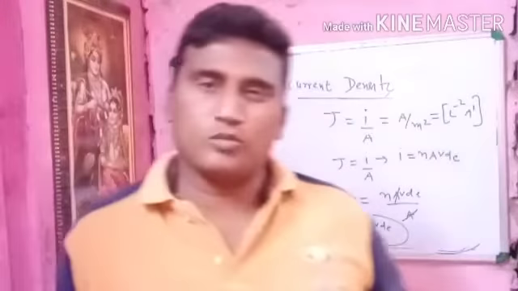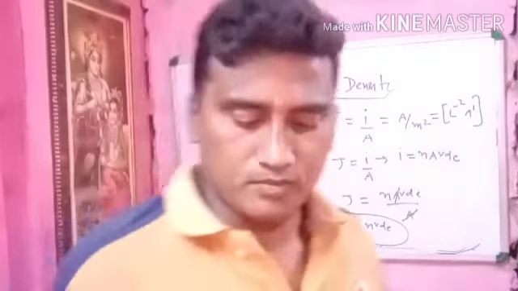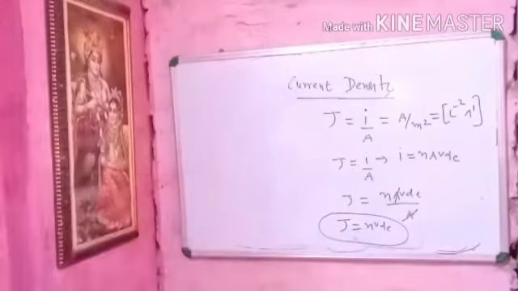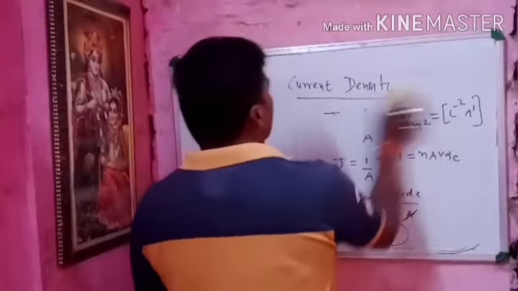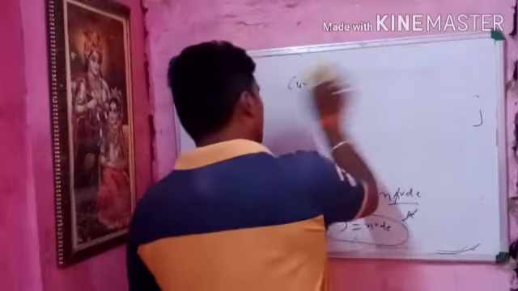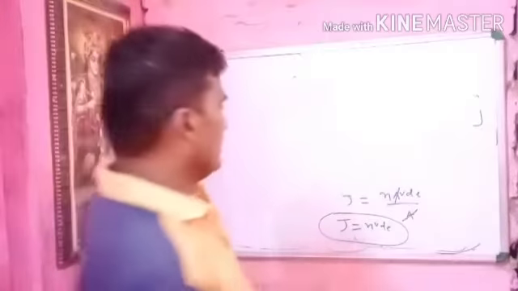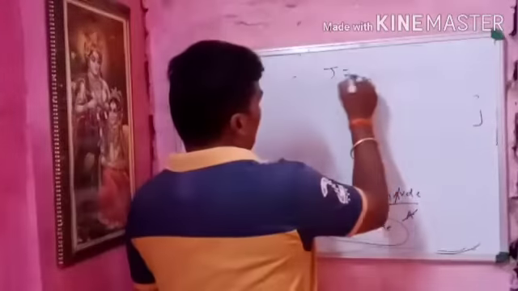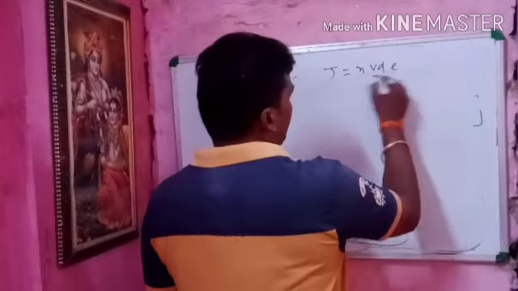And we also know the value of current density in another form, in terms of electric field and number of transforming charge. J is equal to N Vd e.